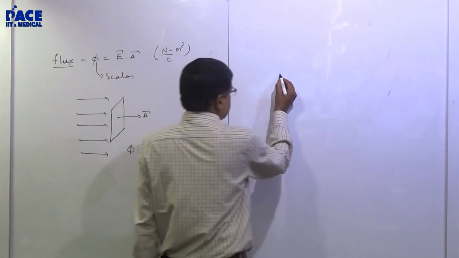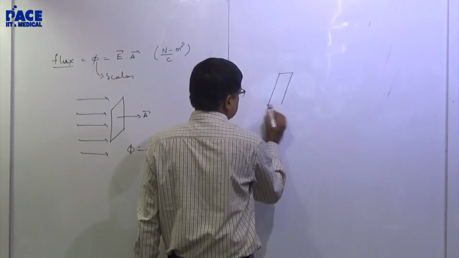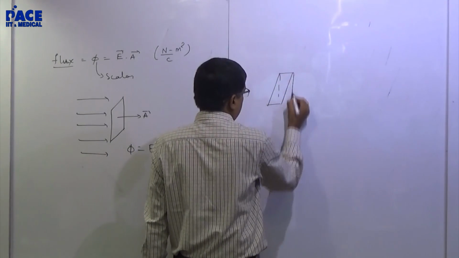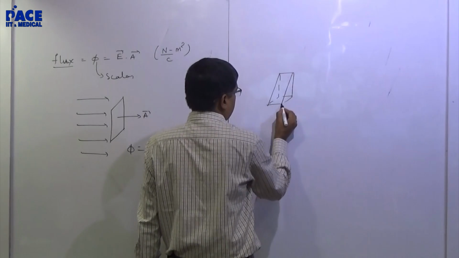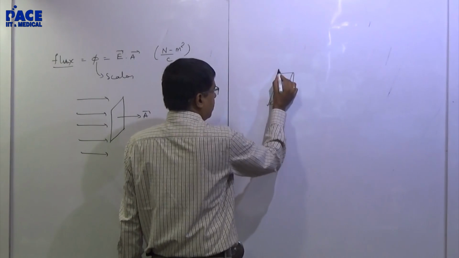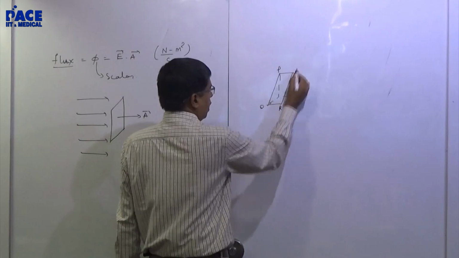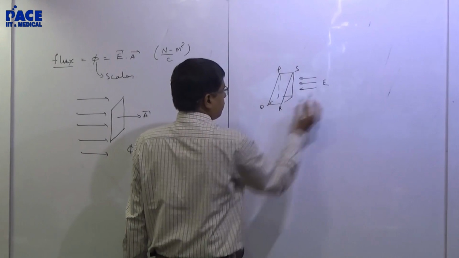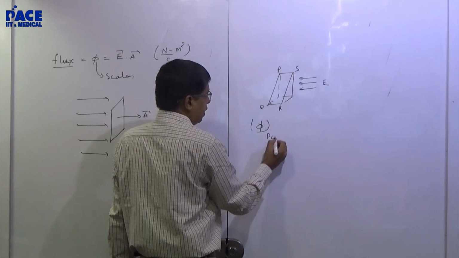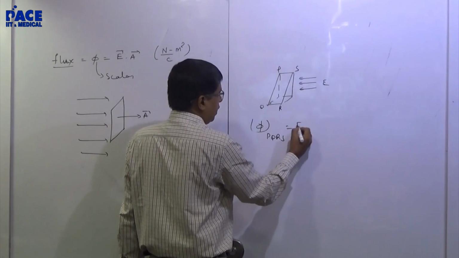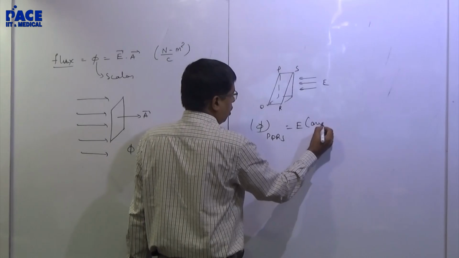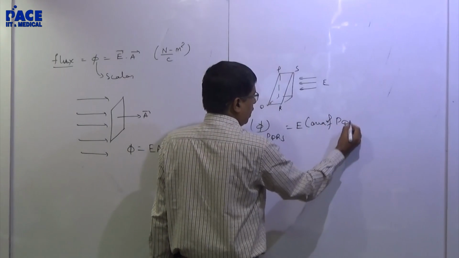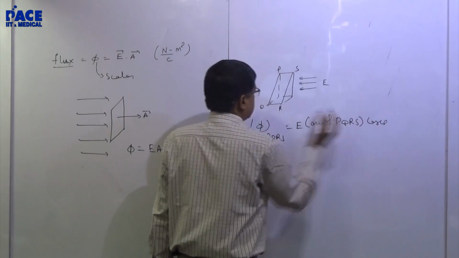You can also take such inclined planes. If the surface is PQRS and the field is this way, the flux through PQRS will be E into area of PQRS into cos theta.